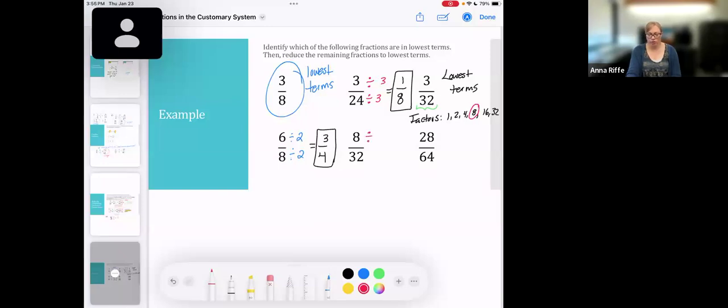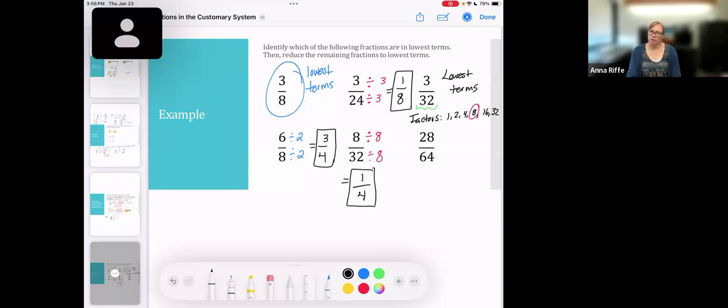So what I could do here is divide the numerator and the denominator by that factor 8, which gives me 1 in the numerator and 4 in the denominator. That's doing this in one step. You could have done it in 2 steps, or 3 steps, by starting by dividing by 2 and then dividing by 2 again. You would have gotten to 1/4 regardless.